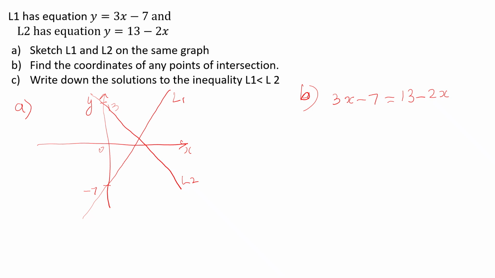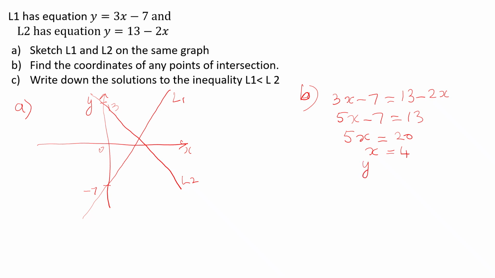So 3x plus 2x, 5x minus 7 equals 13. And 5x equals 13 plus 7, which is 20. x equals 4. Go back to one of the equations and find the y value.